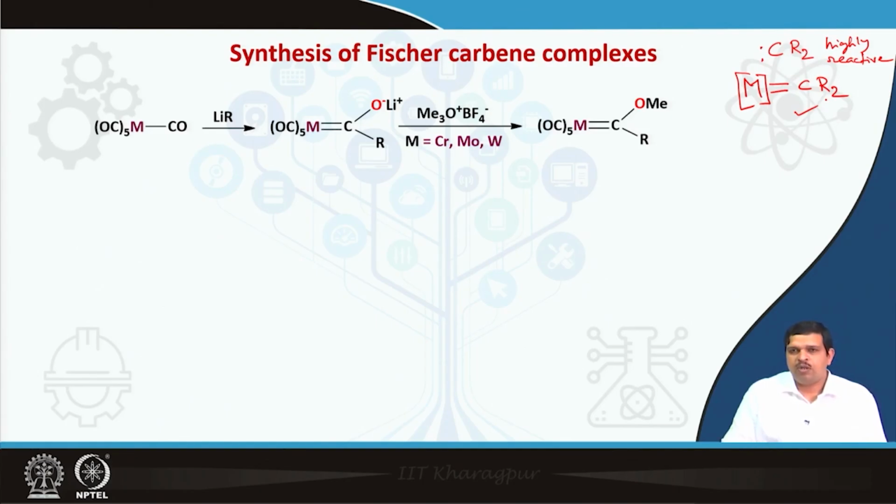In the Fischer carbene complexes, the carbon is delta plus, and in the Schrock carbene, it is delta minus. So the reactivity on the carbene carbon is very much different, actually the reverse in Fischer and Schrock.